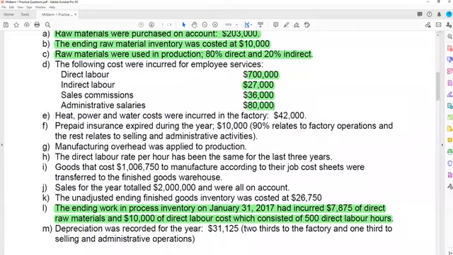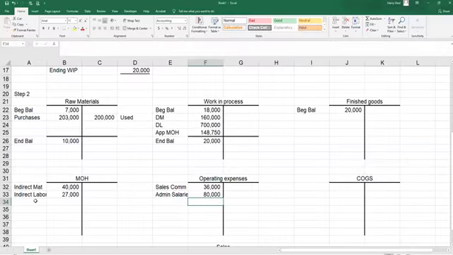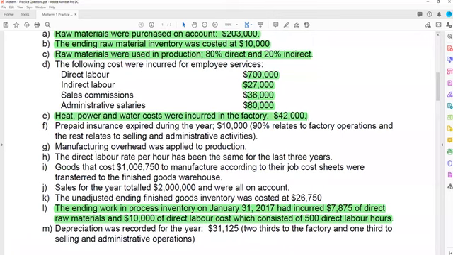Heat, power, and water costs were incurred in the factory, 42,000. So that's basically utilities for the factory, 42,000. Debit manufacturing overhead for that. Prepaid insurance expired during the year, $10,000. 90% relates to the factory operation, the rest to the selling and administrative salaries.